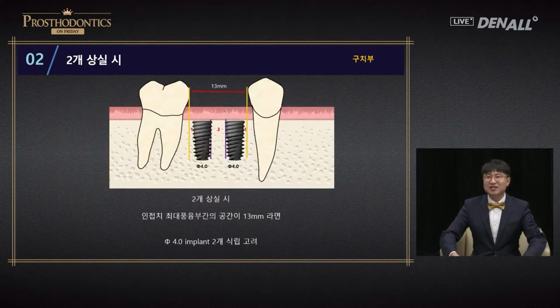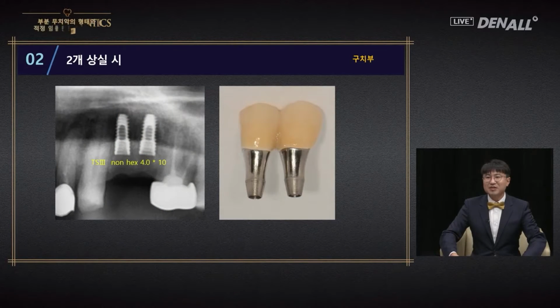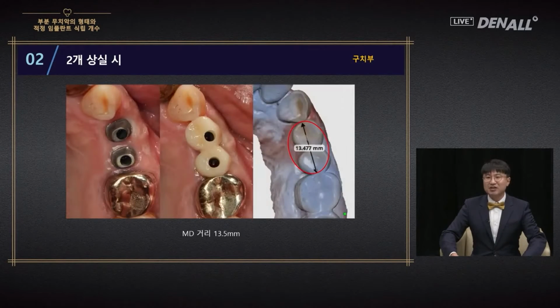If there are 2 missing teeth and the distance between the 2 adjacent heights of contour is over 13 millimeters, I would just place 2 4.0 diameter implants. I did space analysis where there was sufficient space between adjacent teeth and fixture, and the embrasure was sufficiently secured. The MD distance was 13.5 millimeters.